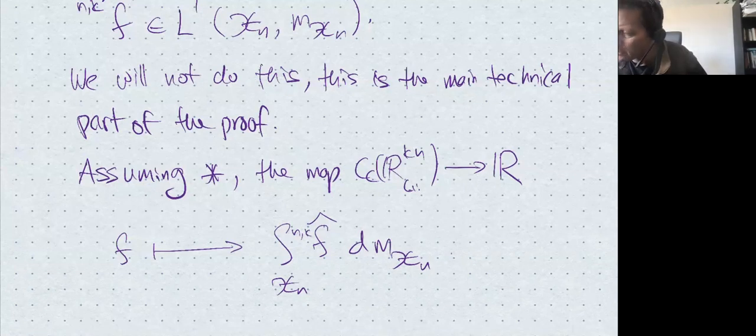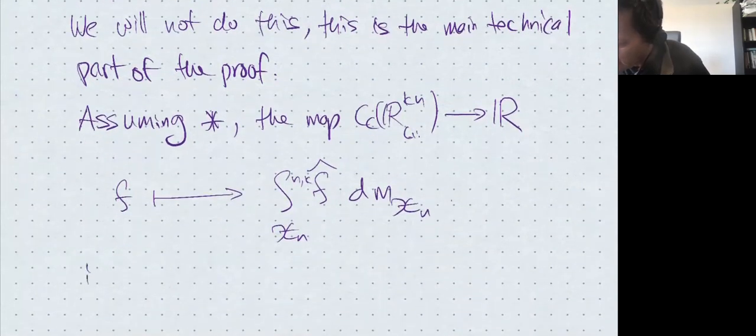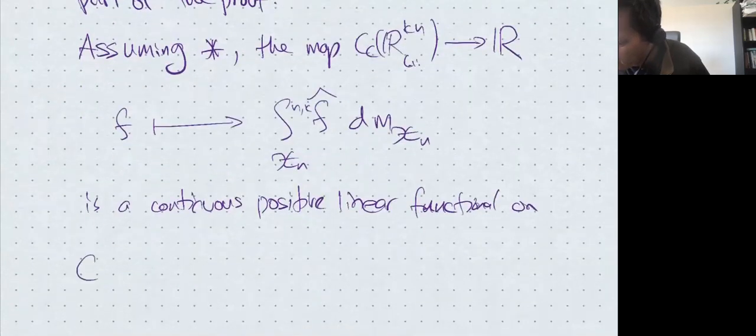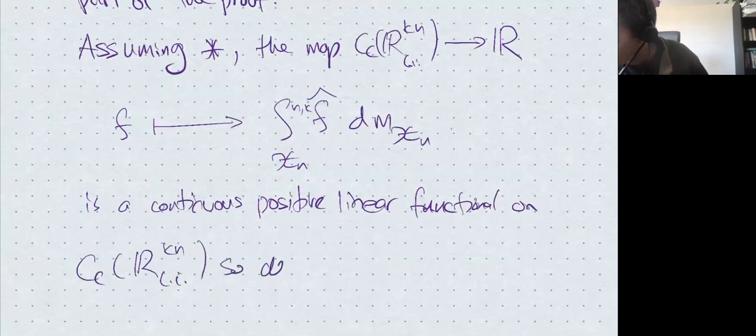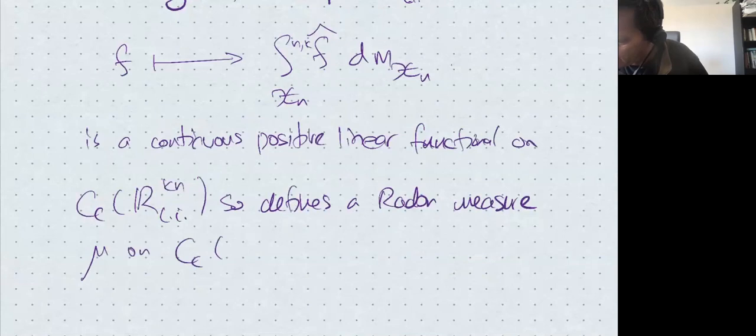Once I have star, this map is a continuous positive linear functional on this space, so it defines a Radon measure by the Riesz representation theorem. Let's just call it mu on this space.